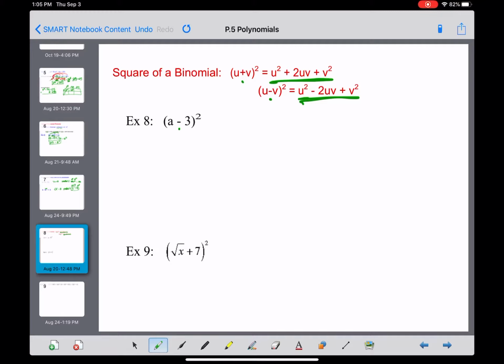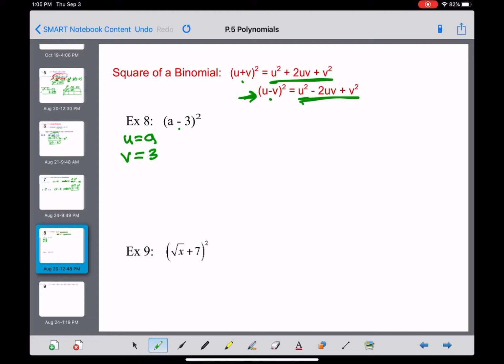So we'll just identify what our u and our v are. That u is our a, and v would be the -3, or really 3 if we look at the signs. This one is going to take care of the signs. If you want to use -3, then you have to look at the plus.